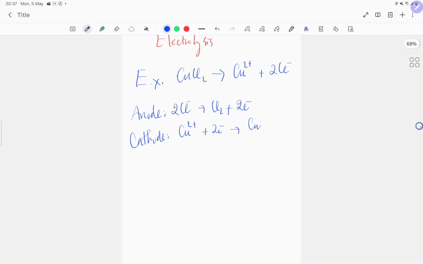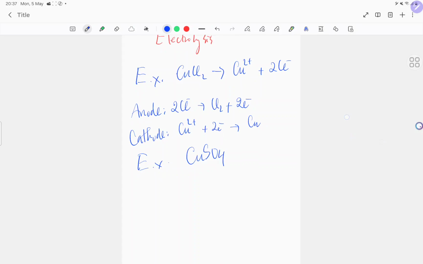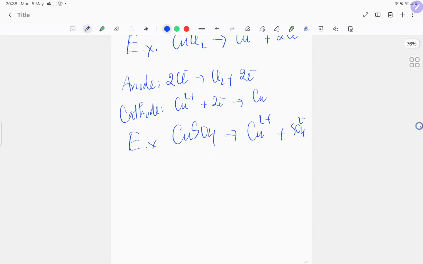Okay, another one. Let's say you have CuSO4, copper 2 sulfate. It dissociates into Cu2 plus and SO4 2 minus, and there's H plus and OH minus, because there's always water in the solution.